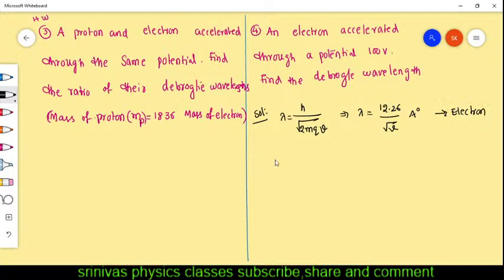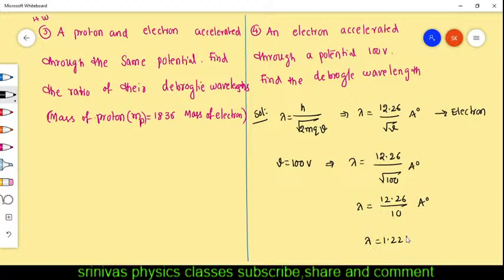Here V is 100 volts, so lambda is 12.26 by square root of 100, which is 12.26 by 10 angstroms. Then lambda is 1.226 angstroms. Solution is completed. Have you understood this?